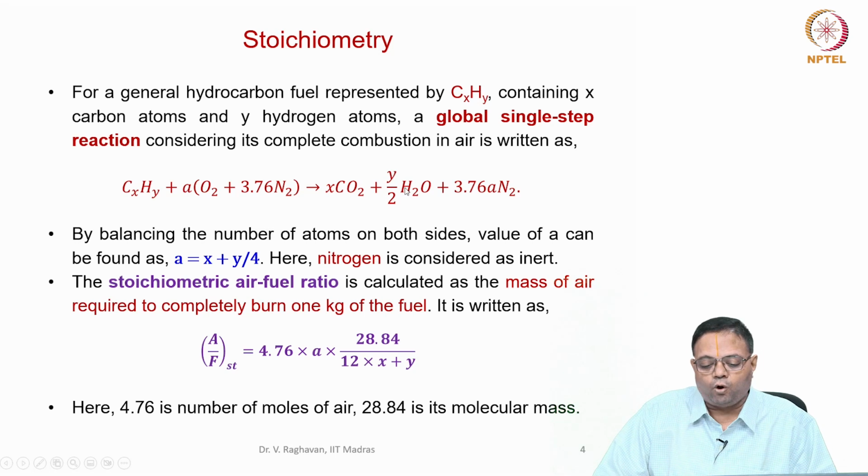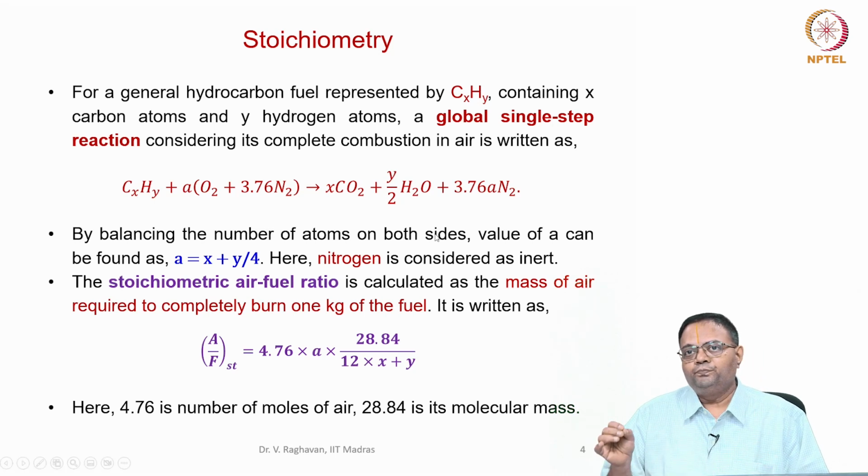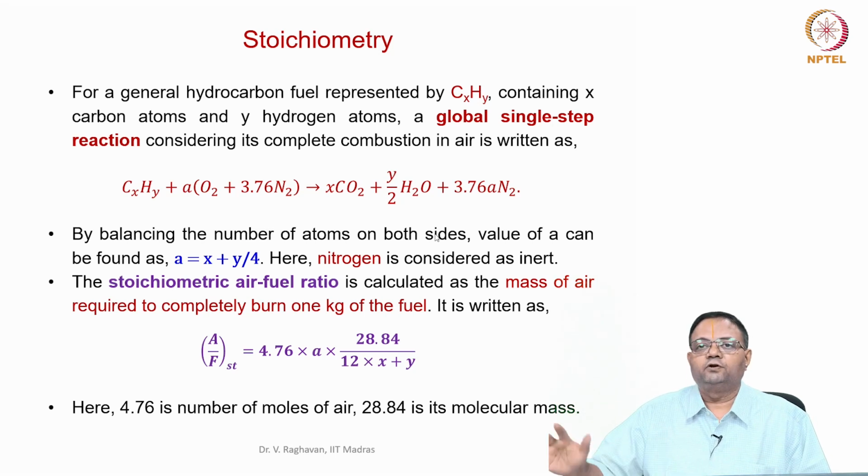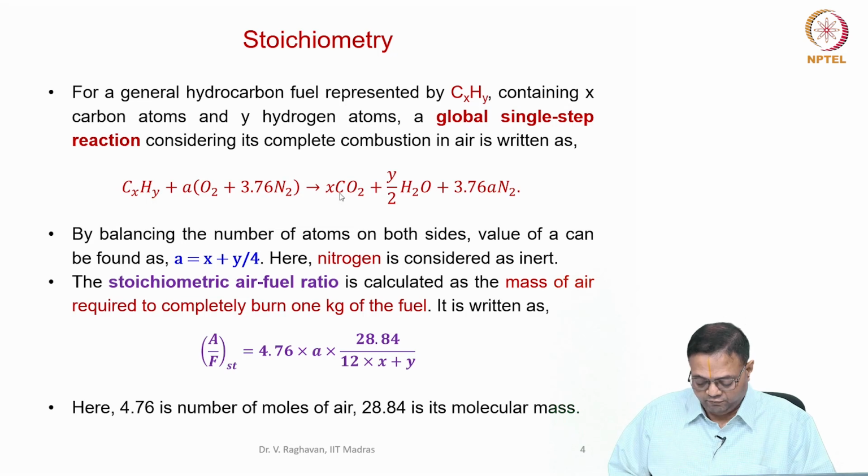But if part of the carbon is formed as CO and part as CO2, say some amount of the X atoms of carbon is converted to CO only and the remaining to CO2, then how will you find the number of moles of CO and CO2? It is not possible with only the information in this particular equation.